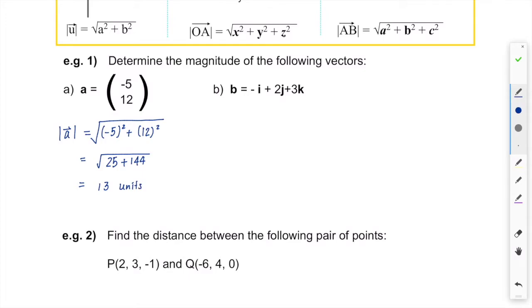Question B, here we have vector B, -i plus 2j plus 3k. So to find the magnitude of B, I have to take the x component, -1 squared, plus the y component, 2 squared, plus the z component, 3 squared, all square root. So here I have 1 plus 4 plus 9, so square root of 14. Okay.